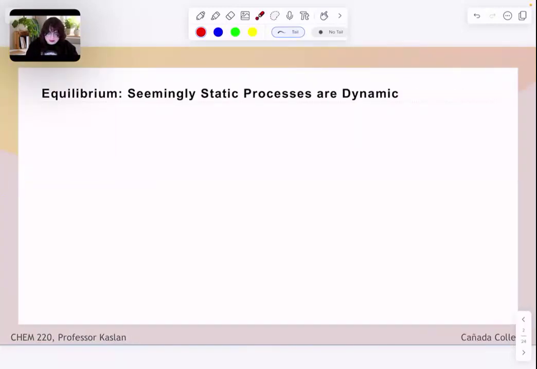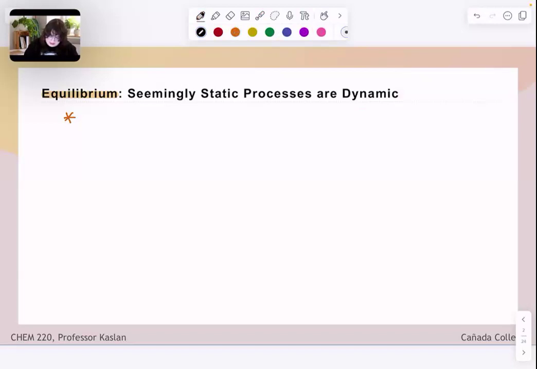Chemical equilibrium. In order to talk about chemical equilibrium, we should probably have a sense of what equilibrium itself is. So, as stated here in the title, I have said that equilibrium has seemingly static processes that are actually existing as a dynamic process.